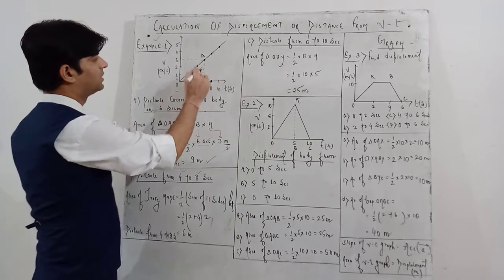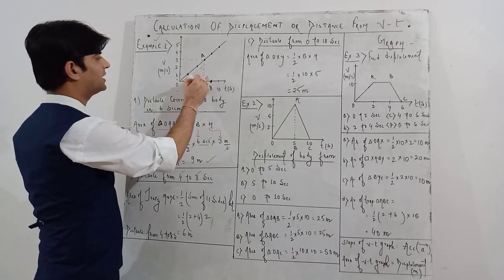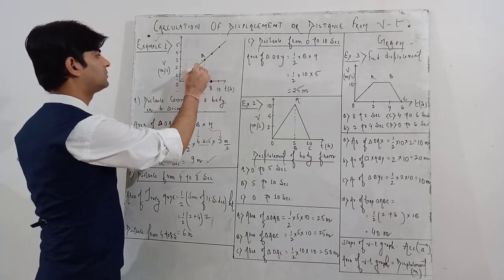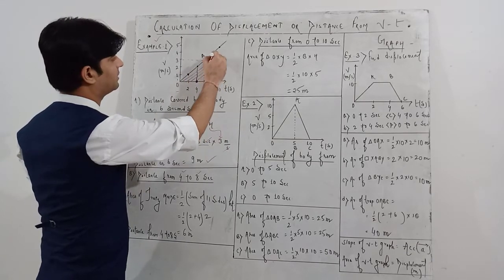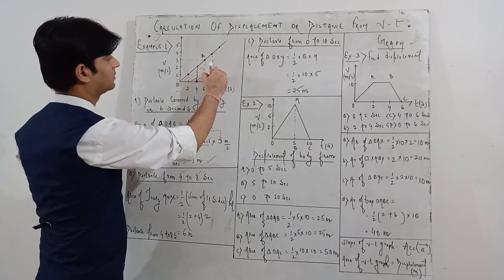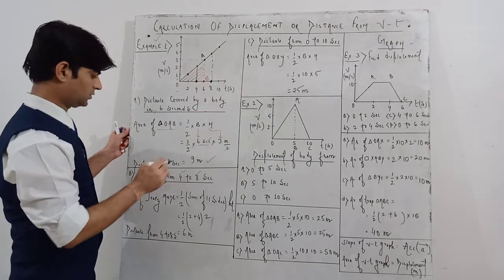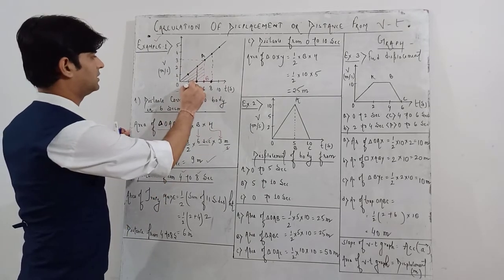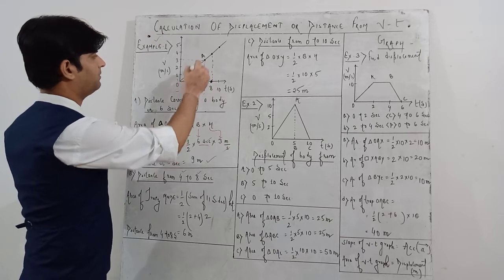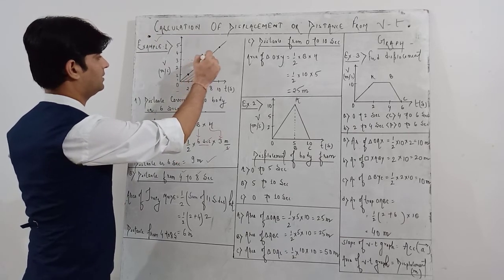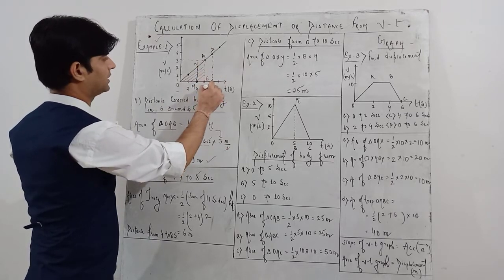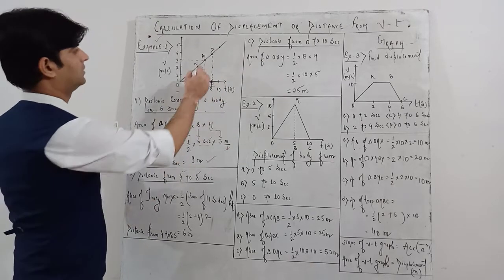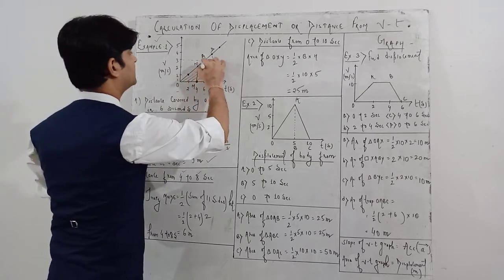That means you have to take 4 seconds, this point you are getting, and 8 seconds, this point you are getting. Okay, this I am taking as M, N, D, and this point as E. That means this section you have to take.